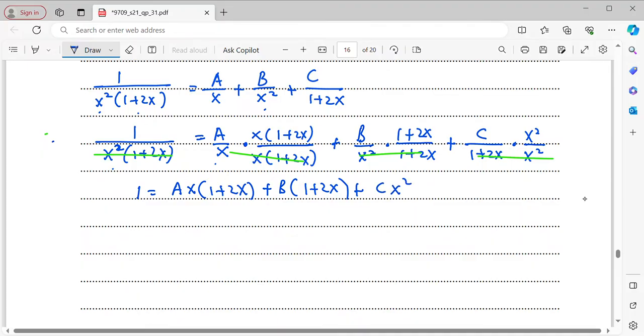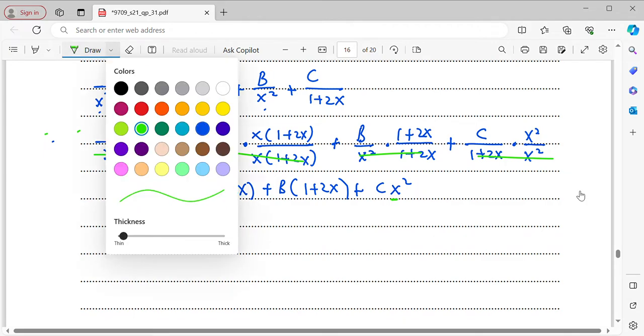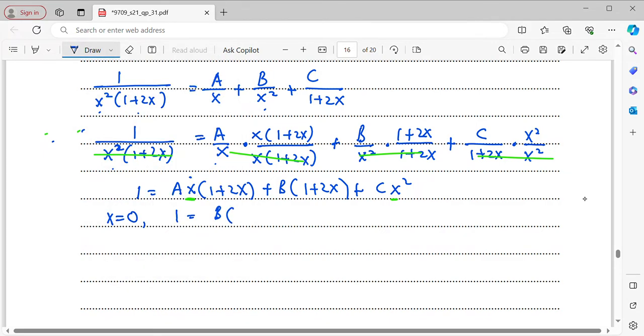Then now, to find the A, B, C, just let the factors be 0. So first of all, my first factor is x. So I will let x be 0. Left hand side always 1. As long as you see the x, that means this term is 0. Okay, then I will get the B. So 1 plus 2 times 0 will be my coefficient of B, which means 1 is 1B. Therefore, my B is 1.